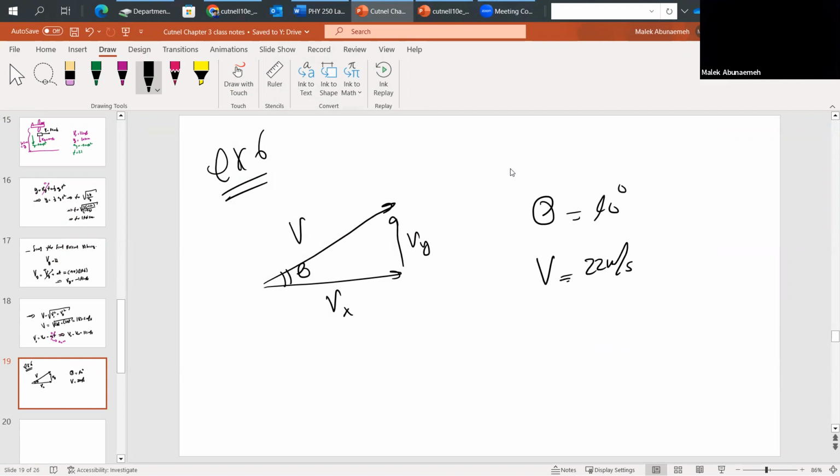So your initial speed, which is this little fellow over here, is 22 meters per second. Find the maximum height that the ball goes.